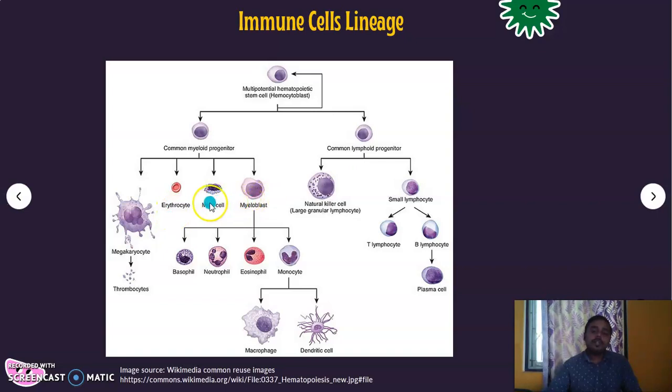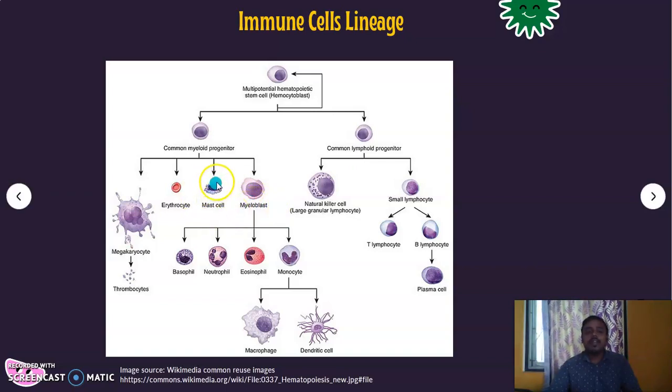The remaining two cells, the mast cell and the myeloblast, are the major components of our WBC, our immune cells. These two are going to produce 7 different cells.